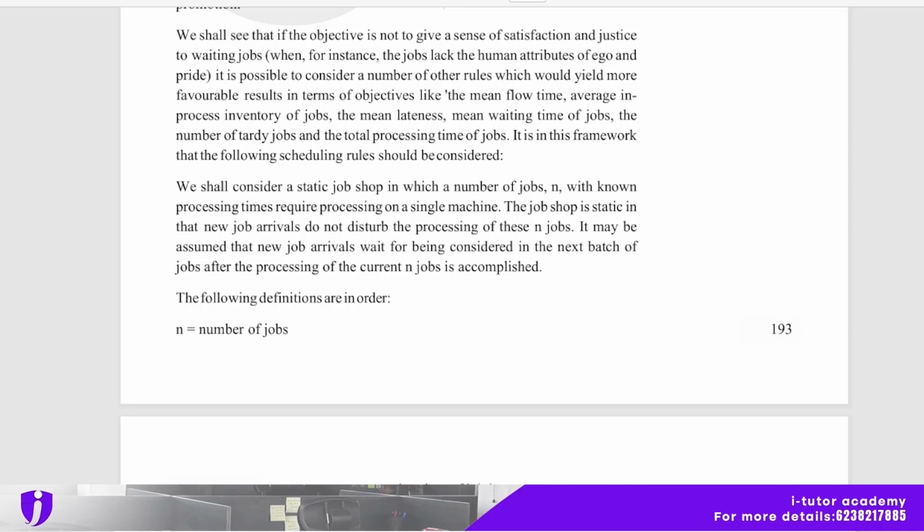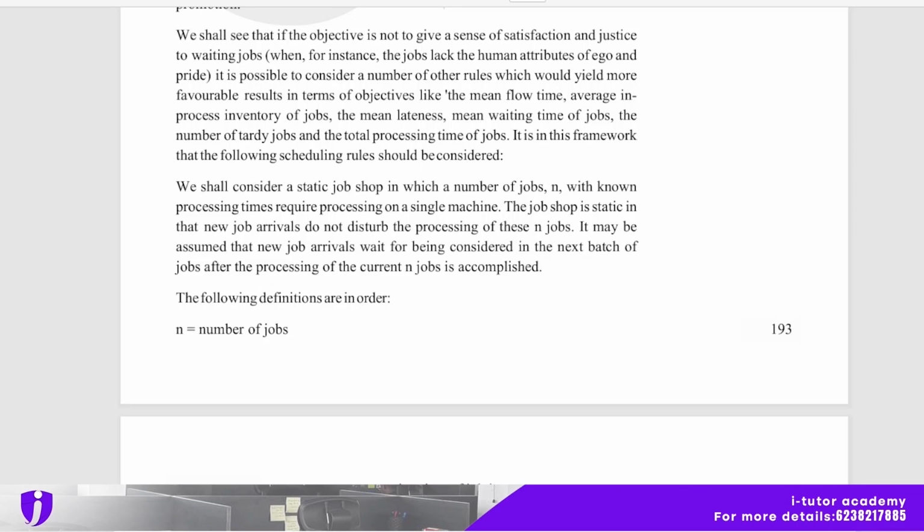Okay, and it may be assumed that new job arrivals wait for being considered in the next batch of jobs after the processing of the current n jobs is accomplished.